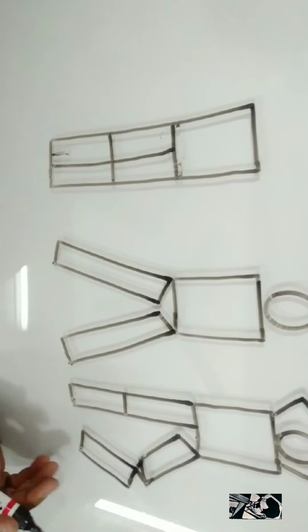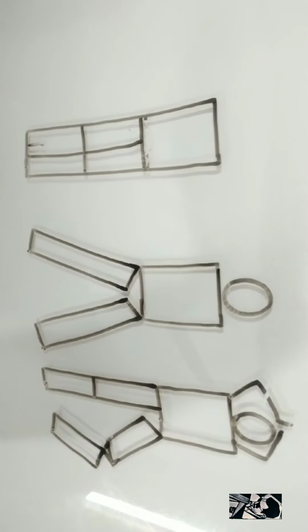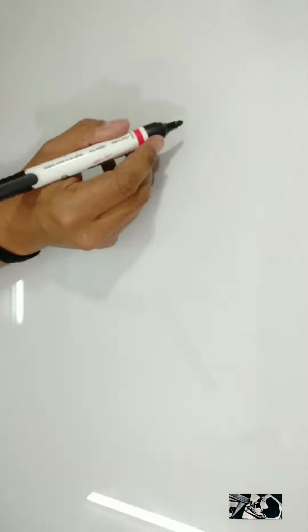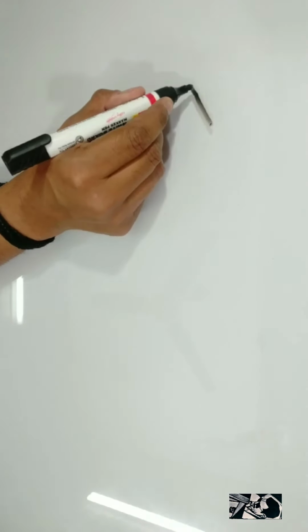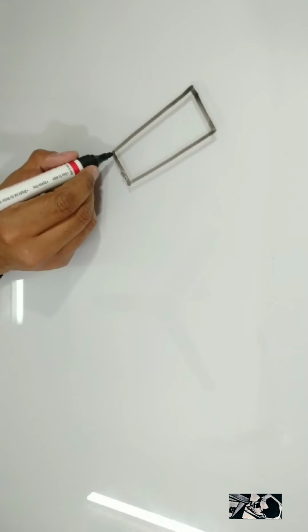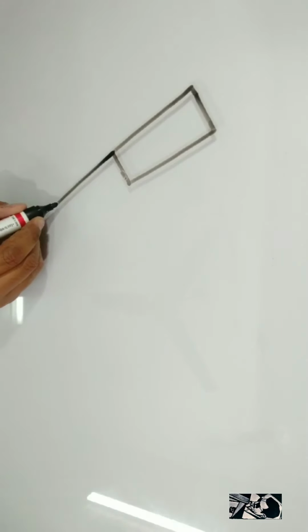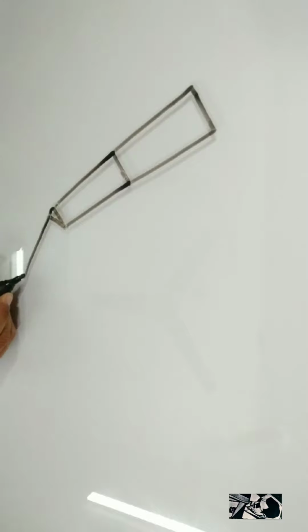Friends, before drawing graceful figures, we should play with the graphic form. It is very important. So now with the same technique, we are drawing a moving side figure. This one only.